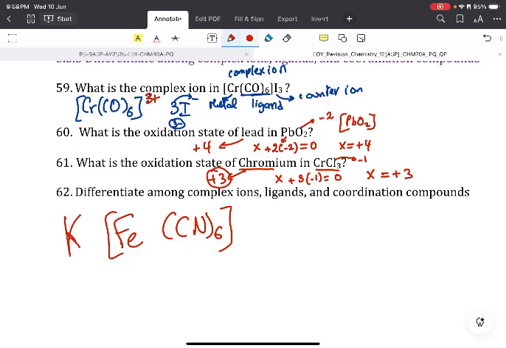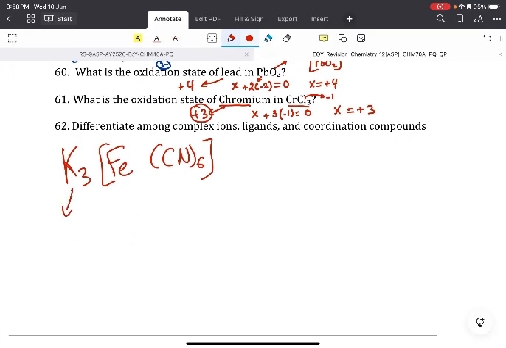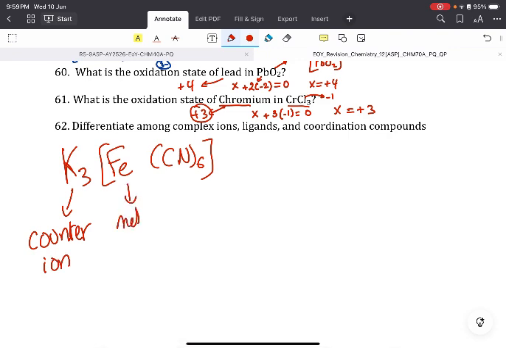I'm going to put K3. So let me just explain it. K3 is the counter ion. This is the metal, and this one here is the ligand.